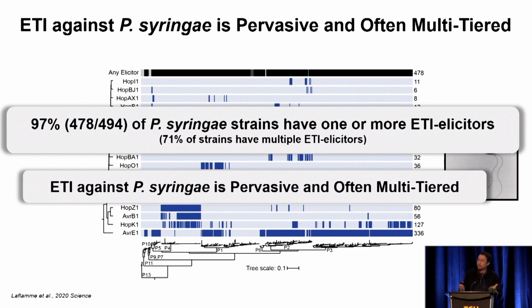So yes, it can provide broad-spectrum immunity. If you look at one pathogen like Pseudomonas syringae, almost every strain has an immune elicitor, right? So it can provide broad-spectrum immunity in addition to that strong niche immunity that's being bred into crops.